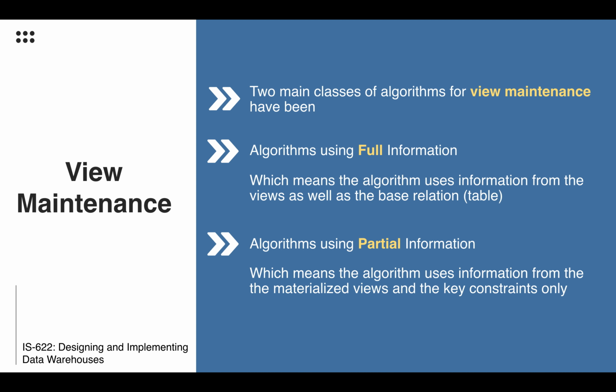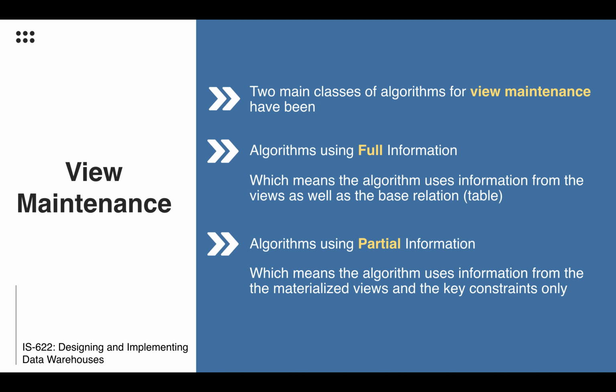You either do it by full information, which means you have to go and get more information from the base table, as you saw earlier in the example of the delete operation. I cannot perform the delete operation unless I go to the base sales table and check whether there is any other customer who bought product 3, and check the quantity of that purchase.